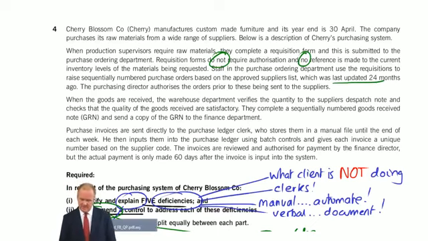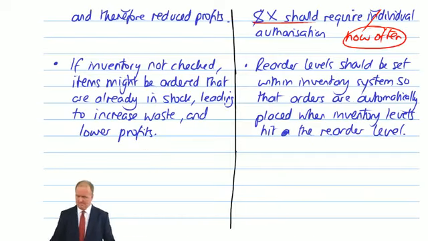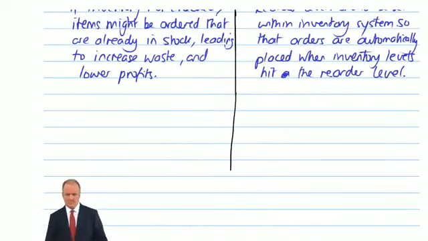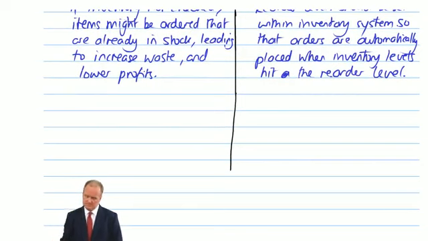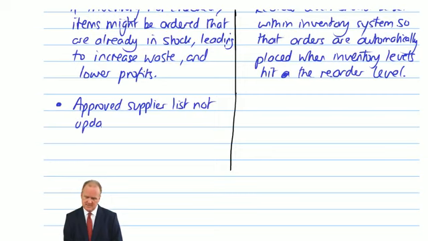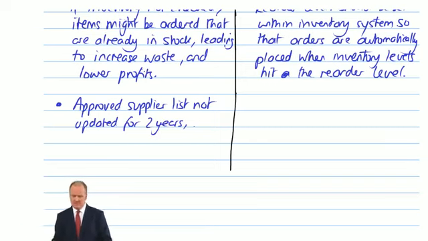I think I've got a third one. So quickly identify it. Approved supplier list not updated for 2 years. Okay, so what?